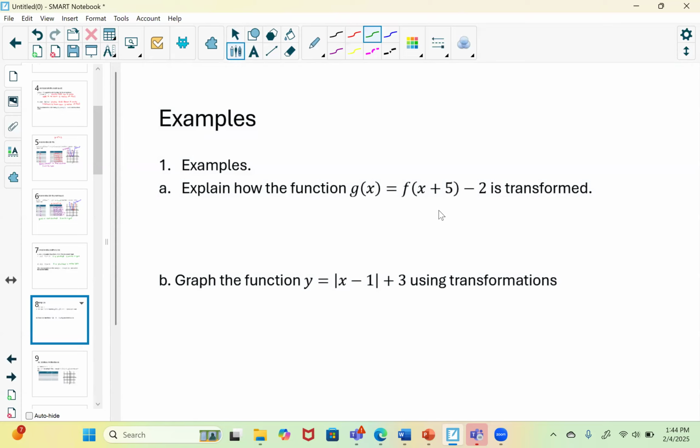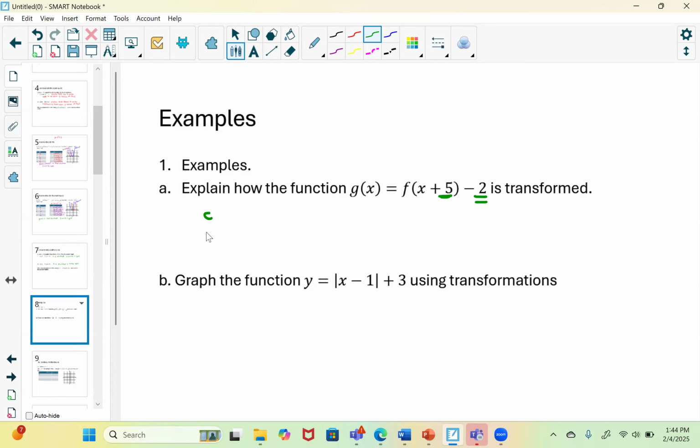Okay, so we're looking at 2 things. We have plus 5 and we have minus 2. We're going to talk about how each changes the graph. So the plus 5 is inside the parentheses, so it's inside f. And whenever it's inside, it shifts your x value. It shifts it horizontally. And remember, it's always opposite.